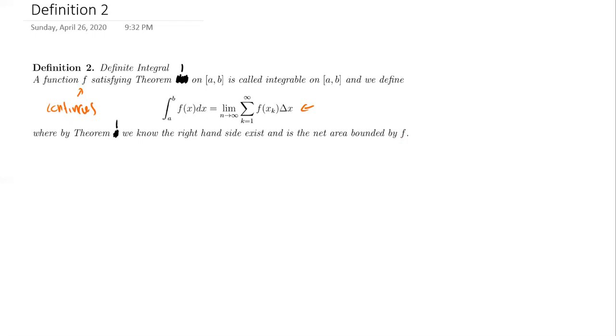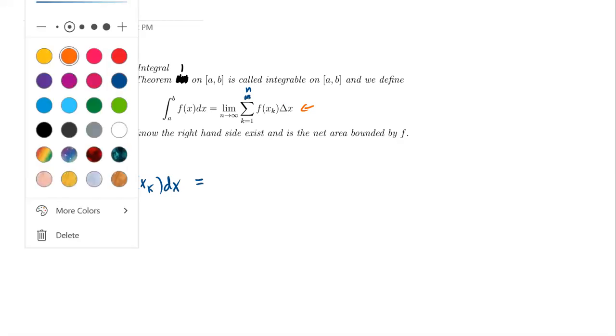So what does this notation mean? All it's saying is, instead of writing the limit as n approaches infinity of the sum from k equals 1 to n of f of x_k Δx, instead of writing all that, we're going to shorthand the notation with this.